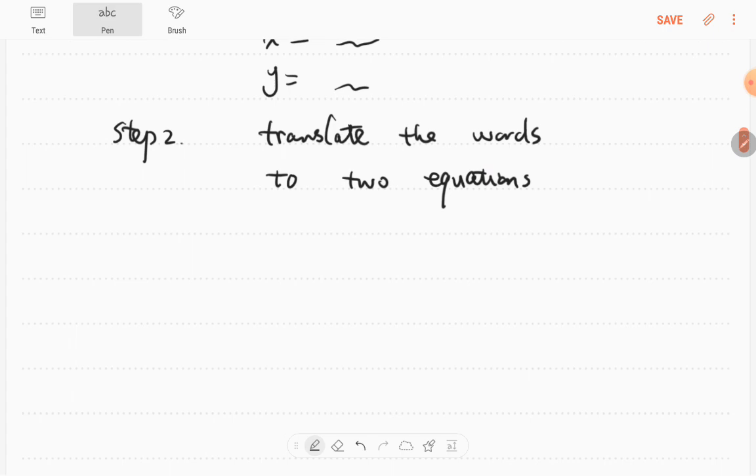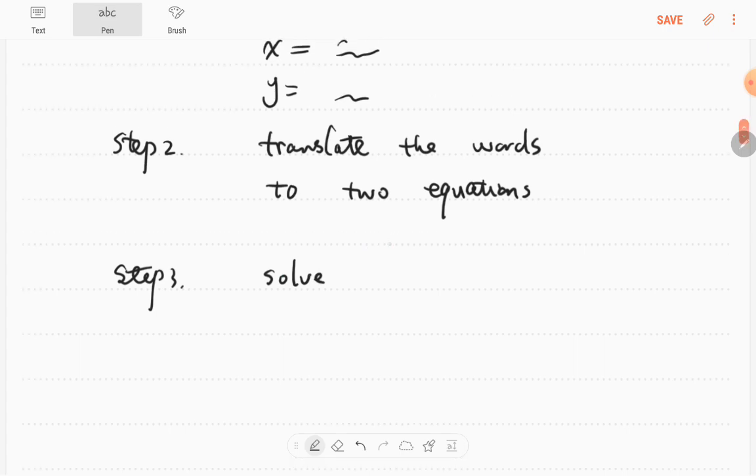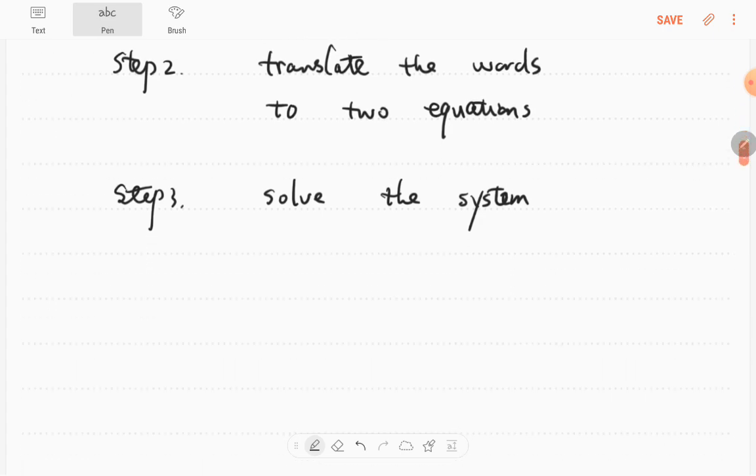So by this step, we should have two equations. Each equation should involve two variables, which means each equation will have an x term and a y term. Okay. Step 3, we should use the addition method or the substitution method to solve the system. Try to find the solution of the system.